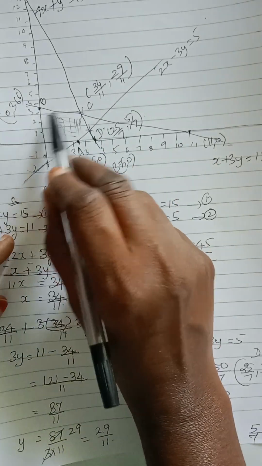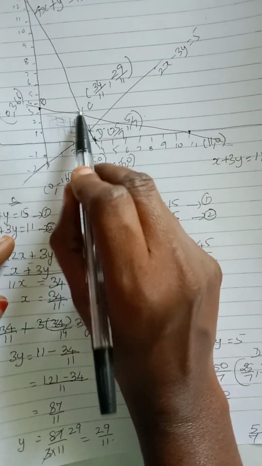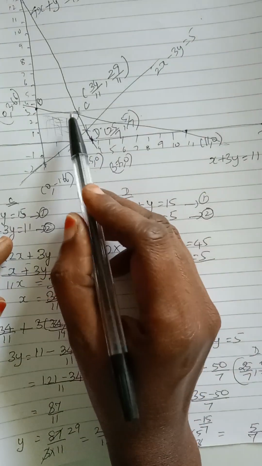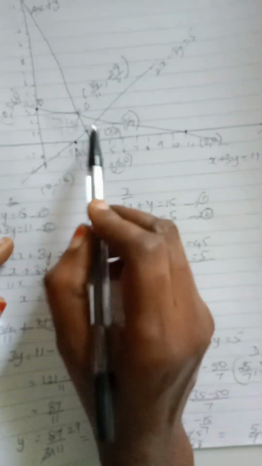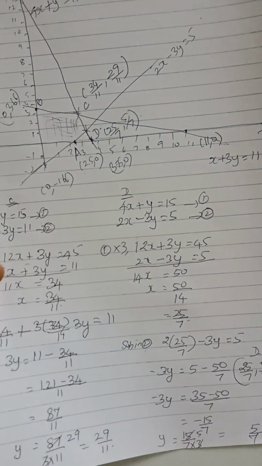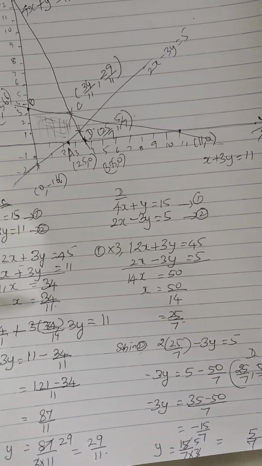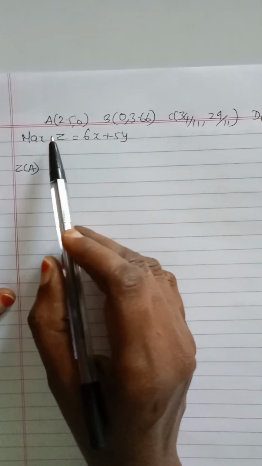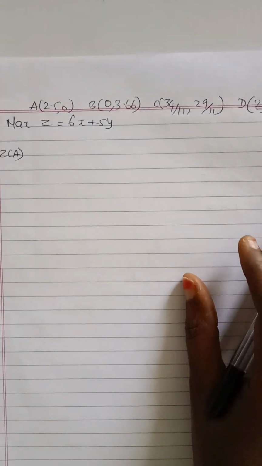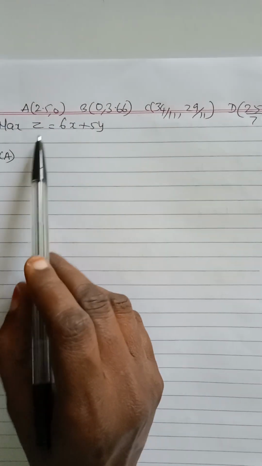Now we have to substitute these values of the points in the objective function and find out which is the maximum value. Okay, these are the points A, B, C and D. I have written the points. Now substitute each and every value in this objective function.